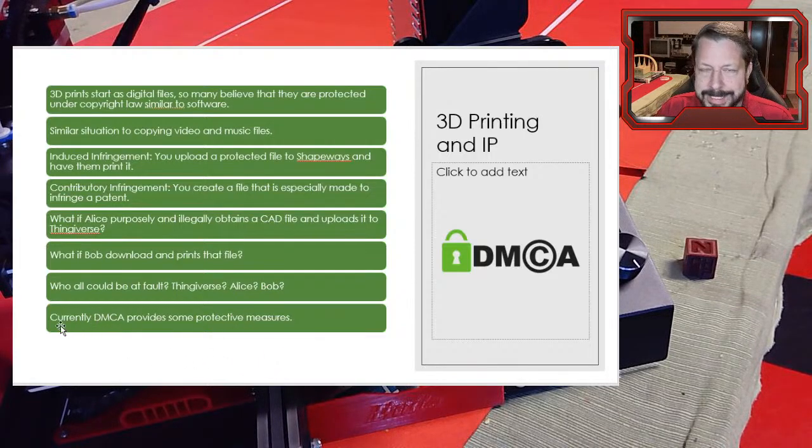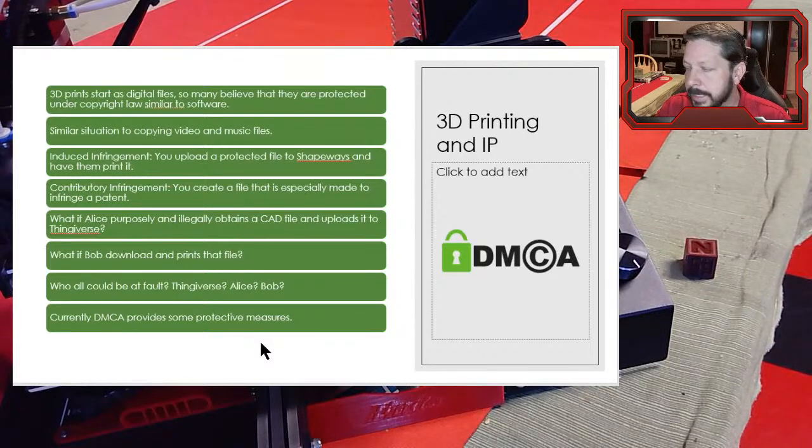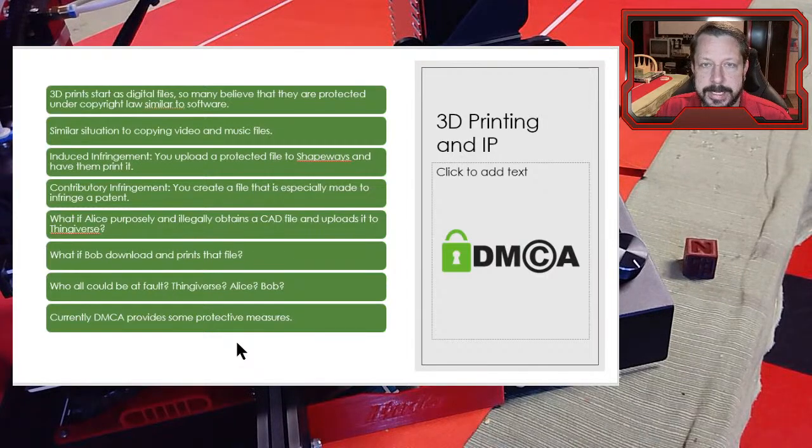So currently that's how it's handled, with the DMCA, and that's more or less how it's going to be handled for a while, until something big enough bubbles to the top, and a company starts to see a reduction in revenue, and they can trace it back to 3D printing or copying through 3D printing, and then they'll start to take legal action at that point.